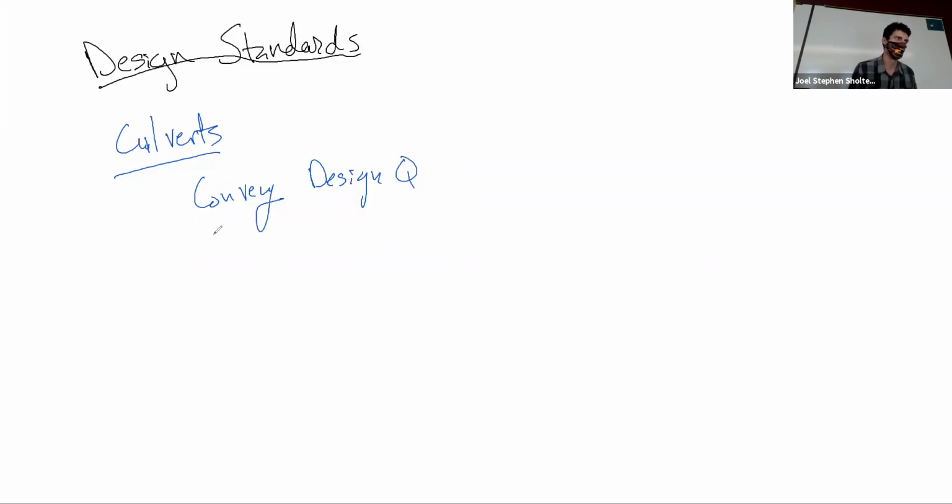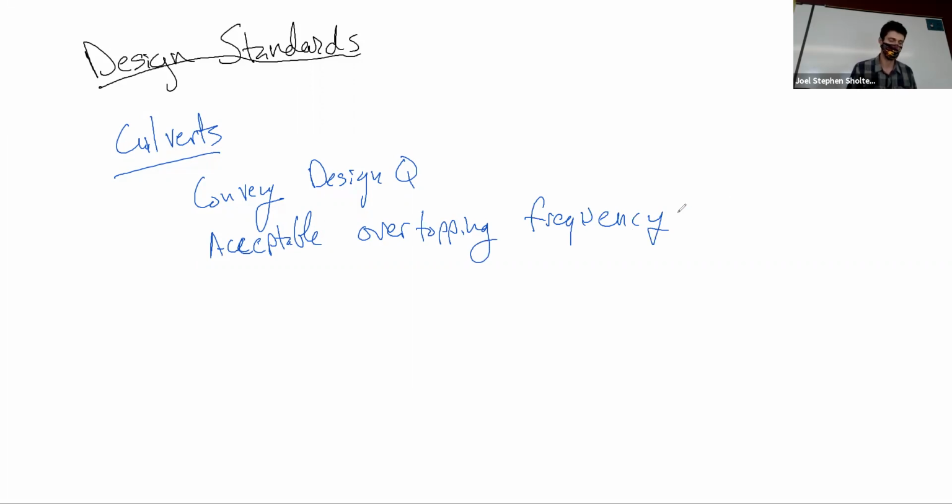We maybe have an acceptable overtopping frequency. It's okay if the road's wet, you know, once every year or once every 5 years or something like that. But then maybe there's a maximum depth associated with that.